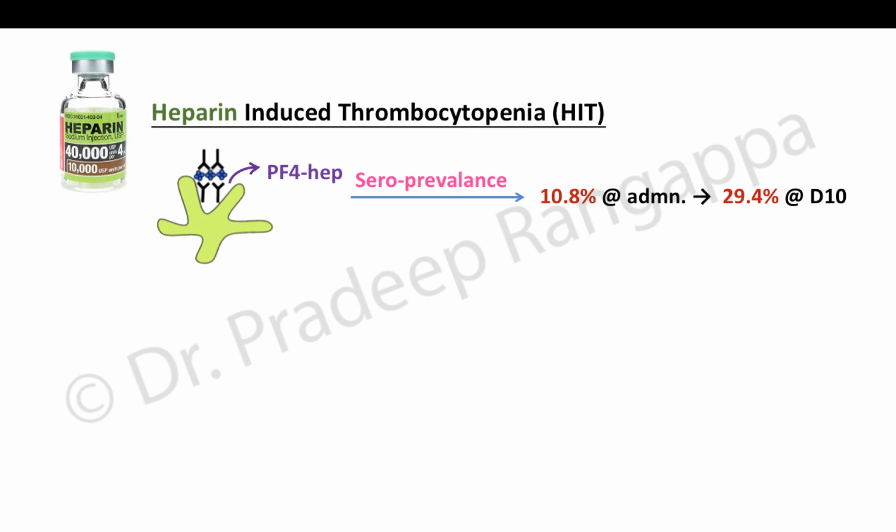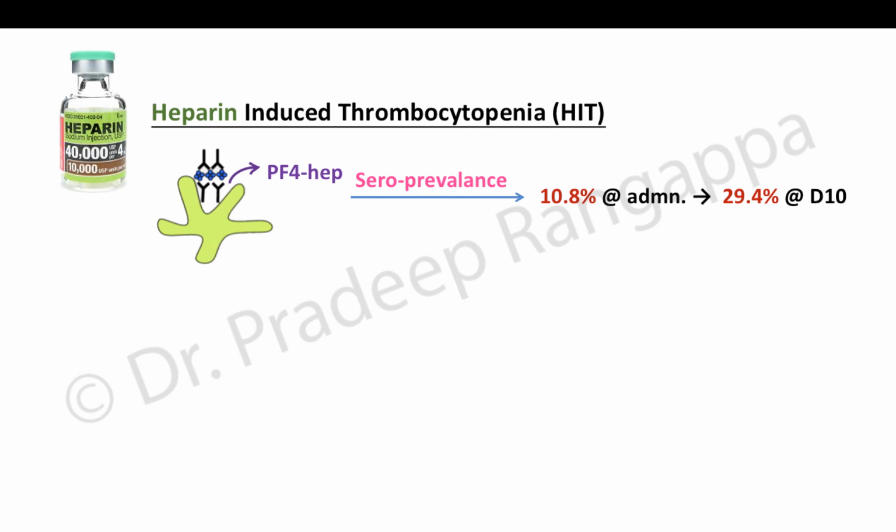So, what is the seroprevalence of this PF4 heparin complex expression? It is around 10.8% at admission. Anyone who receives heparin, around 10.8% of patients are known to manifest this PF4 heparin complex expression, and this can increase up to 29.4% at day 10, but not everyone who expresses this develops thrombocytopenia.